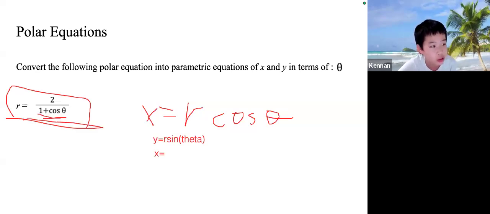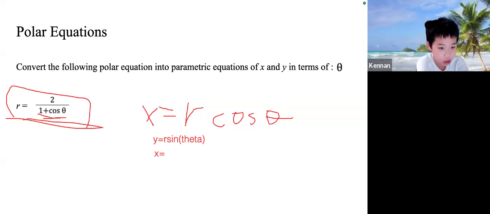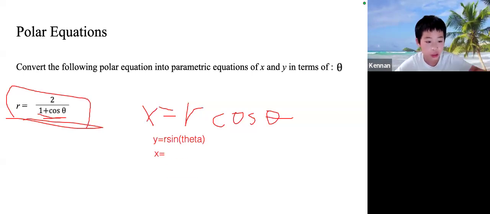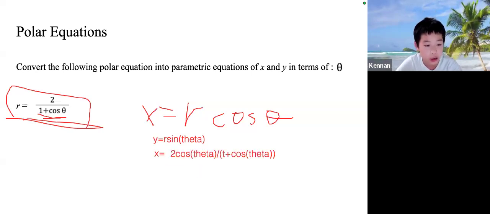So we can plug this into the equation. This gives us x equals 2 cosine of theta divided by 1 plus cosine theta. So this is what we get by plugging it in.